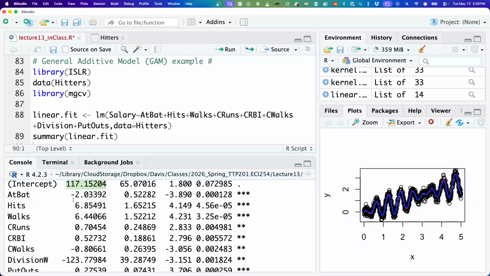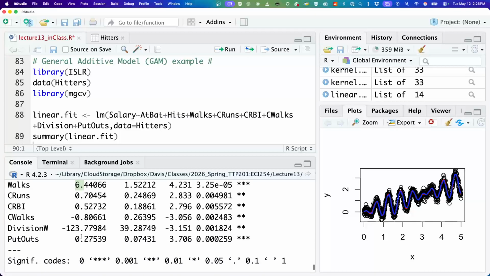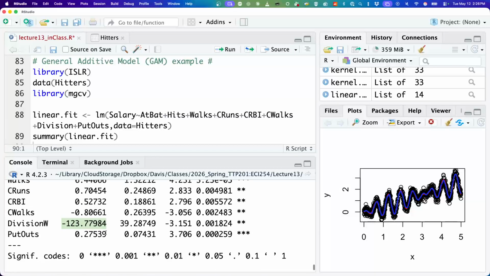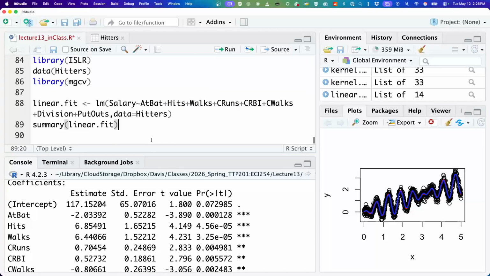And the more hits and walks, the higher their corresponding salary, by $6,800 and $6,400 respectively. Some are negative. And if you're in a certain division, you make less on average. At this point, you should all be pretty familiar with this.